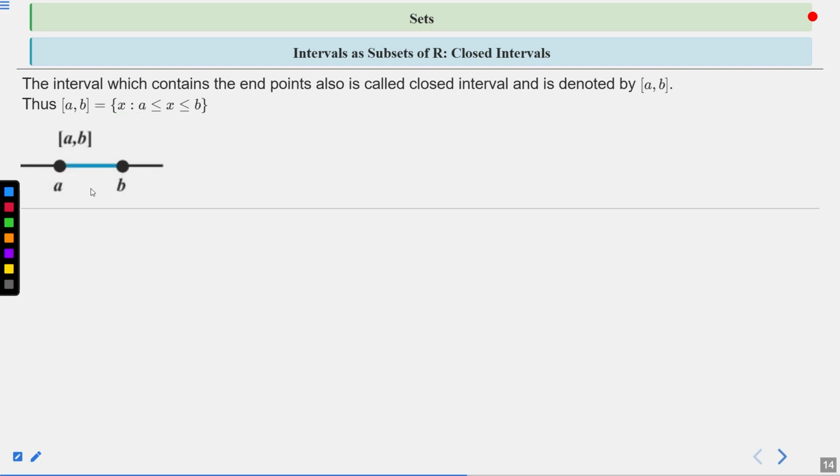So the representation is like this. Now here, as you can see, we shaded the small circles, representing that we included both A and B points.